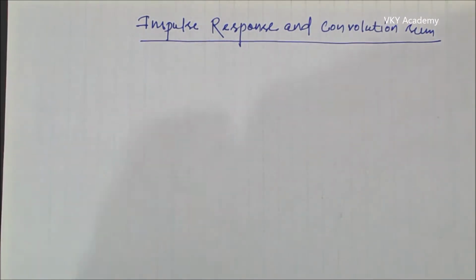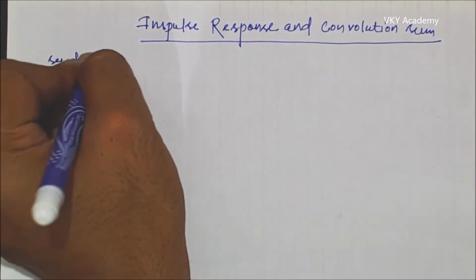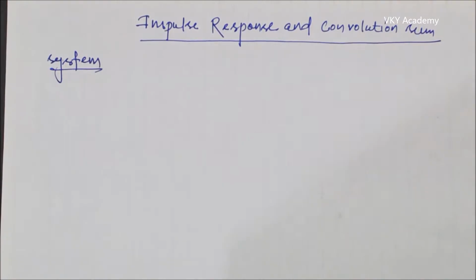Now in discrete time systems, we have discussed that a system is any device which performs operations on any signal, and a discrete time system is a device which performs operations on discrete time signals based on predefined criteria to produce a modified output signal.